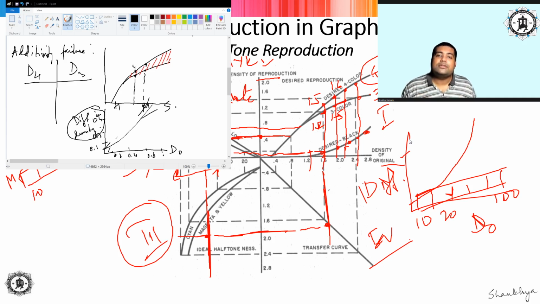So this is a very powerful tool. The Jones diagram is a very powerful tool which is basically giving you a method to correlate between the expected densities and the necessary dot percentages required to create those expected densities.